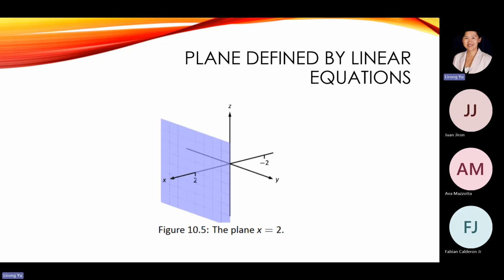So the visualization or the picture of it, the plane itself, is parallel to the y and z axes. The whole plane is parallel to the z-axis and it's also parallel to the y-axis. So when the variable is missing, geometrically it represents a parallel relation with that particular axis.